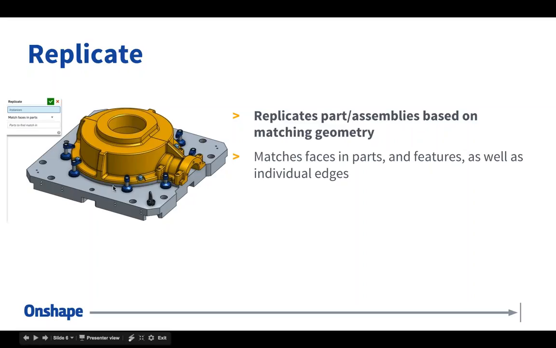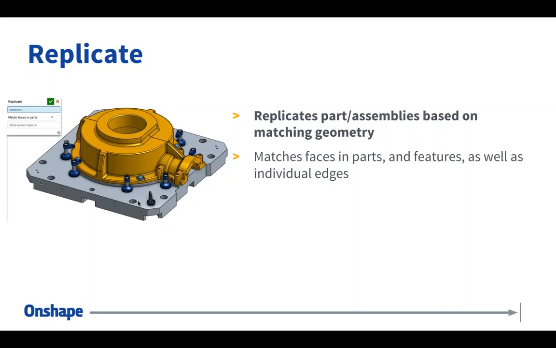And this fixture base has a dozen or so holes. And these holes all match. They're all intended for that part. So it's easy for me to replicate one subassembly across the entire thing by saying, just find all the matching edges on this face. And it will automatically grab anything that's exactly the same and pattern all the parts to that similar geometry.